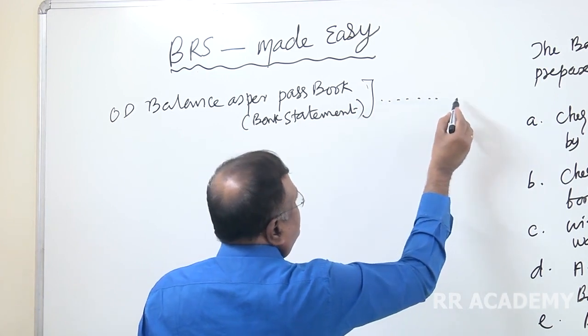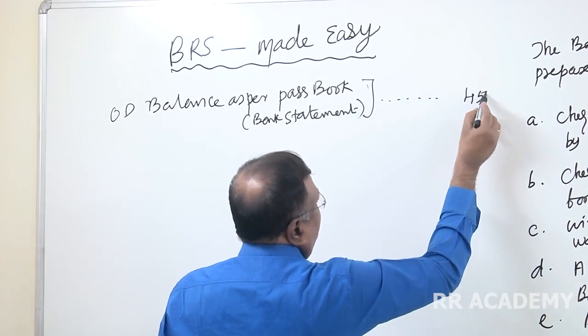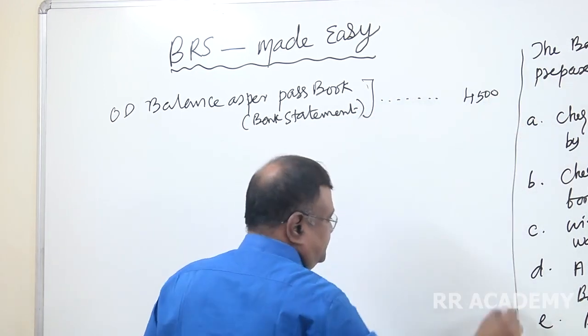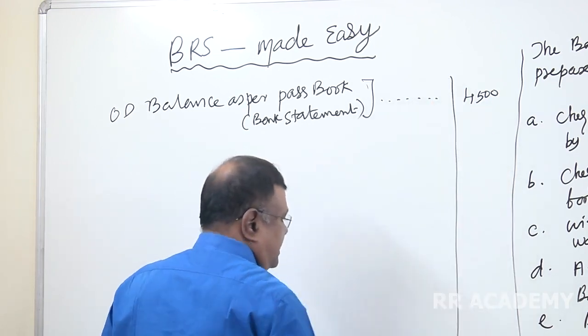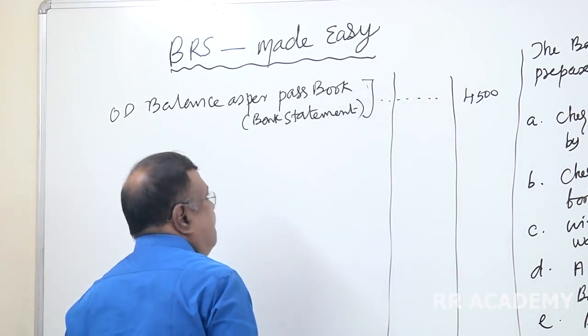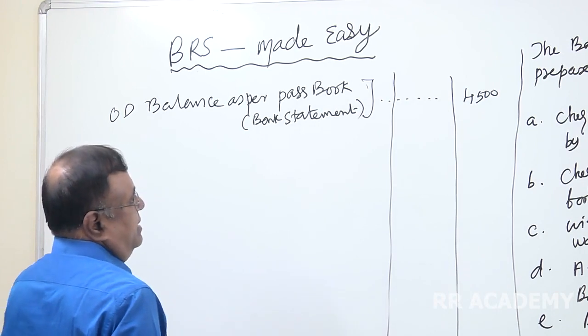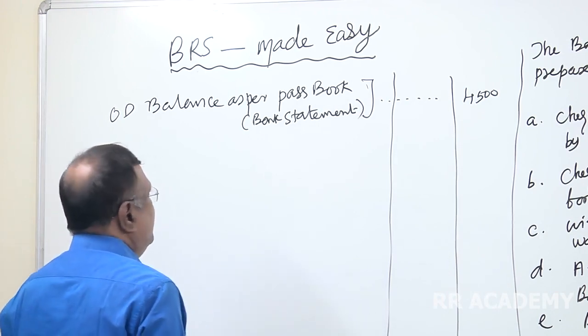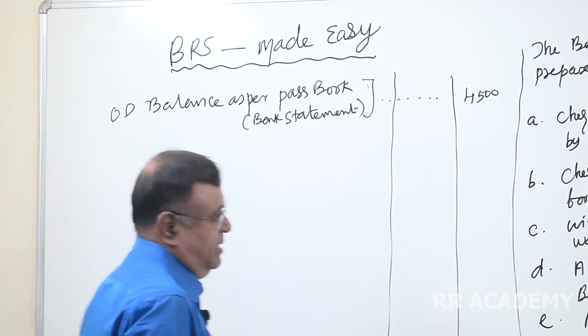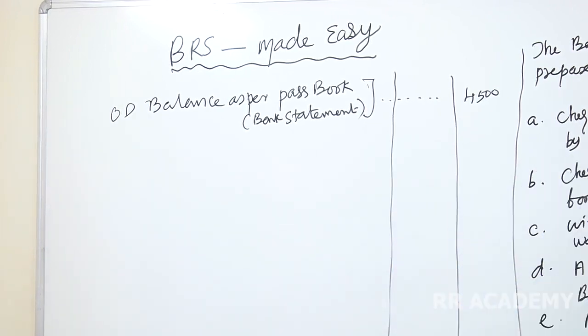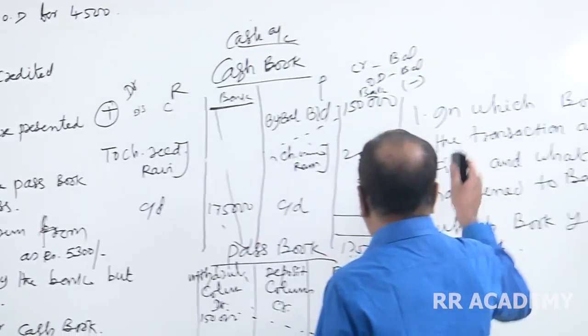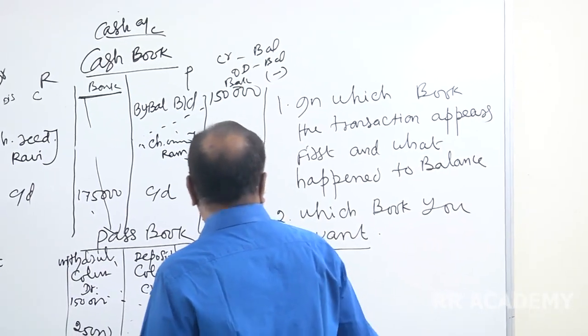So it is 4,500. So inner column, outer column. Okay, now one by one we have to proceed. Yes, like how we did yesterday, we have to proceed like this, having these two rules.